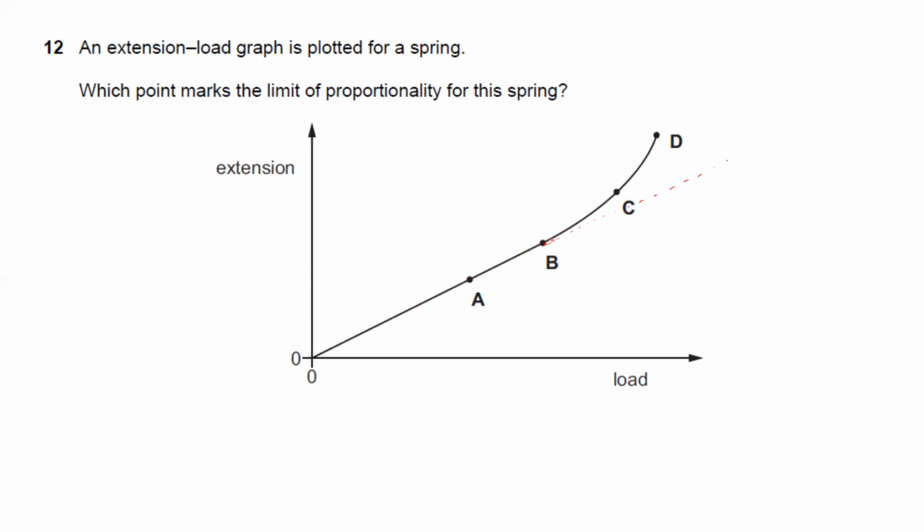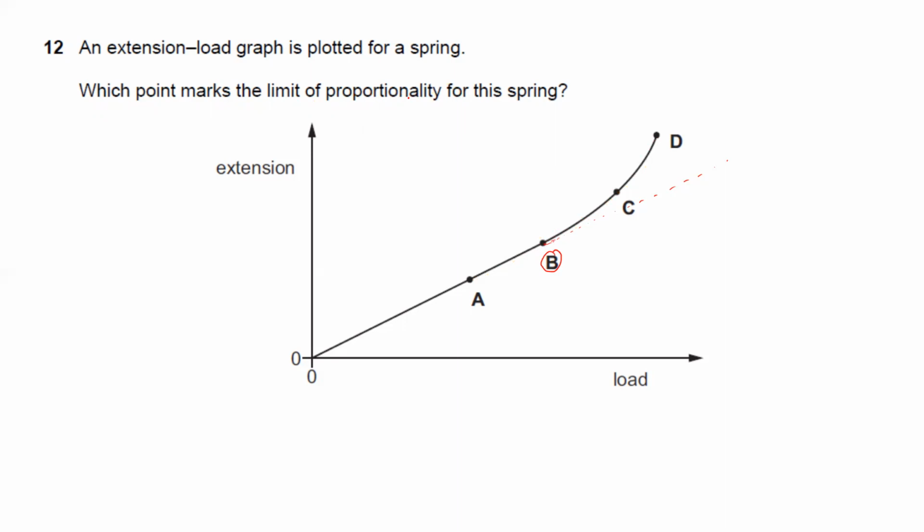So at around point B, it doesn't remain linear. Between A and B, the graph is a straight line. Between B and C there is some curve, and C, D, again the curve is there. So B is the point which marks the limit of proportionality of the spring.